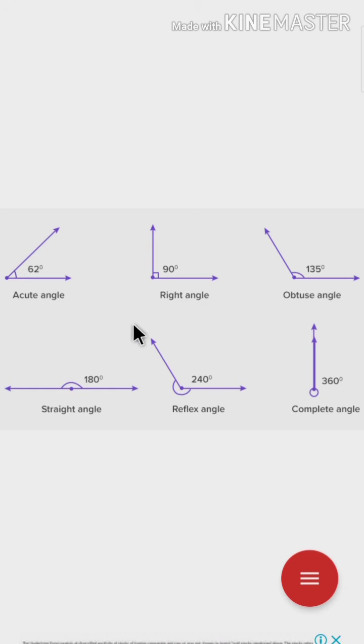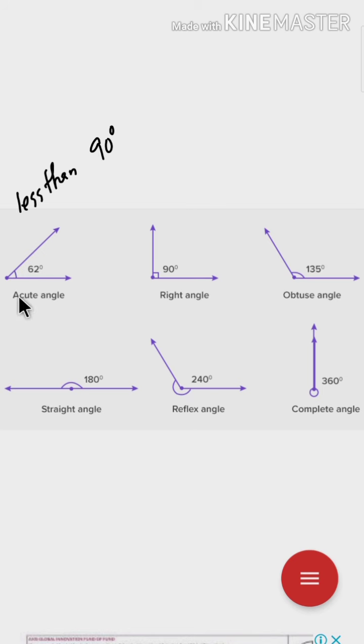Now these are the types of angle. First type is acute angle. Acute angle means it's less than 90 degrees. Okay. If the angle is less than 90 degrees, then it's called acute angle. If the angle is equal to 90 degrees, then it's called right angle.